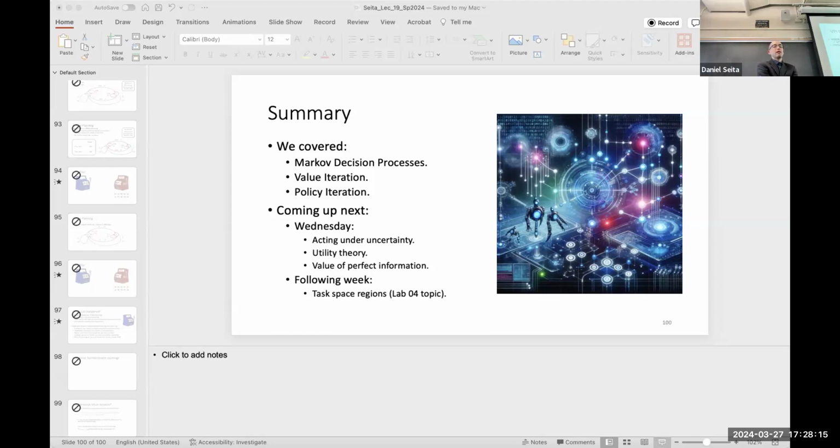Value of perfect information of the scouting report. All right, think about this one. I'll give you a hint: you might have to think about the Bayes net here. I'm offering to tell you the scouting report.